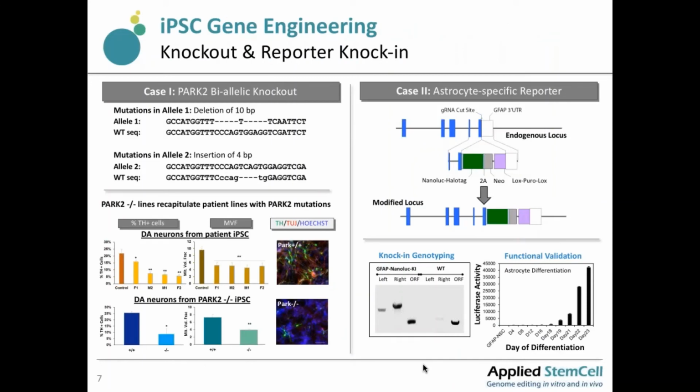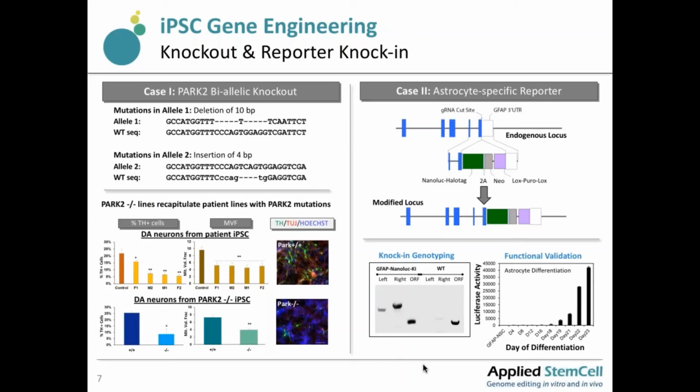So I'm going to give you a few examples of the types of modifications we have made successfully. So case 1 is a PARK2 knockout allele. We're able to make a biallelic modification on both chromosomes, both alleles. One is a deletion of 10 base pairs, and the second is a 4 base pair insertion.